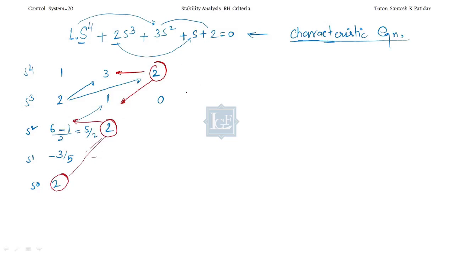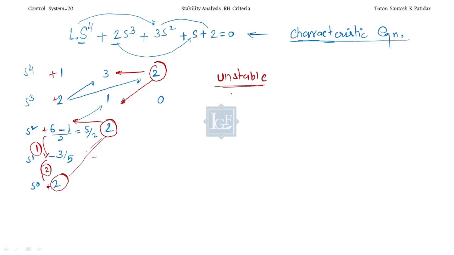So over here the system is an unstable system. How many sign changes are there in the first column? This is plus, this is plus, this is plus, then plus becomes minus, so this is the first sign change. Again the sign changes, it becomes plus.